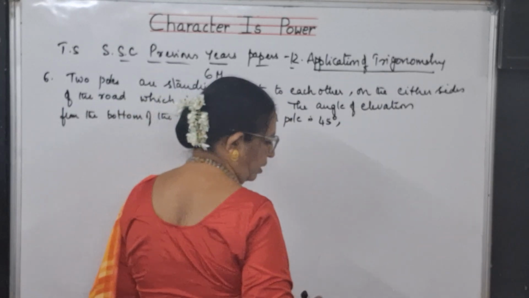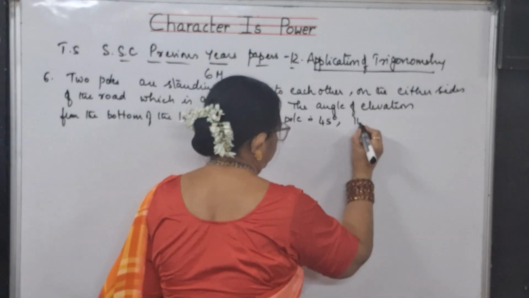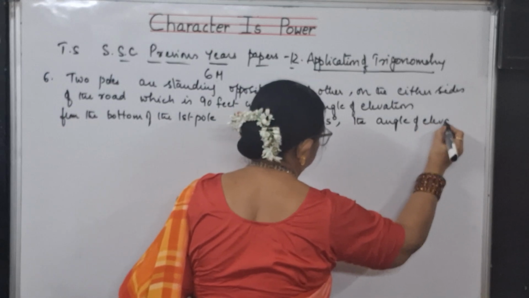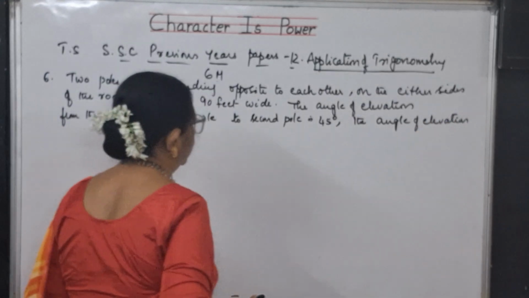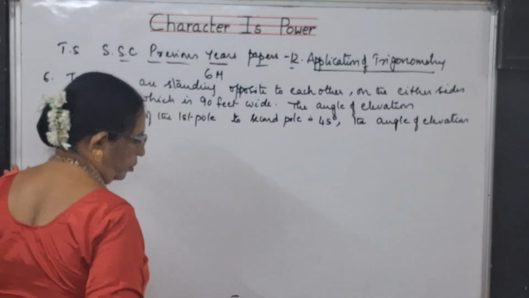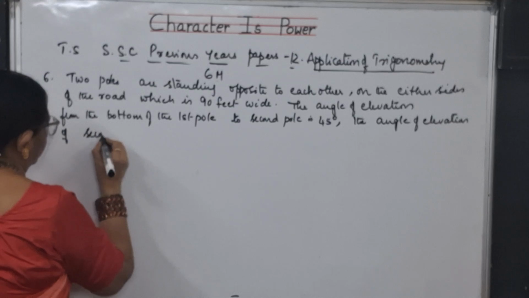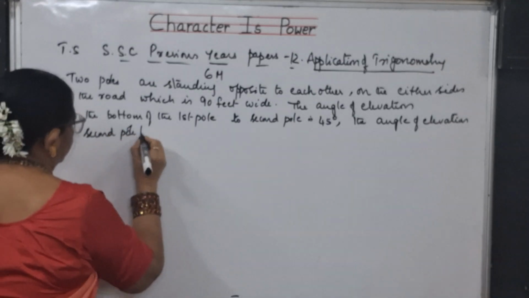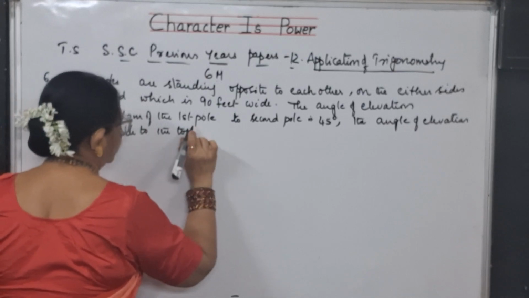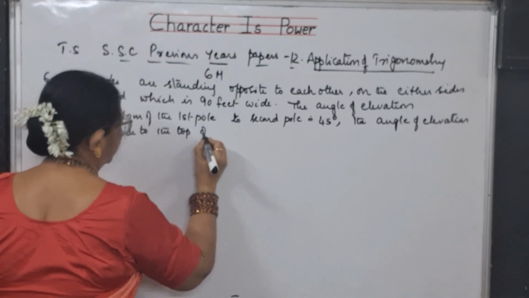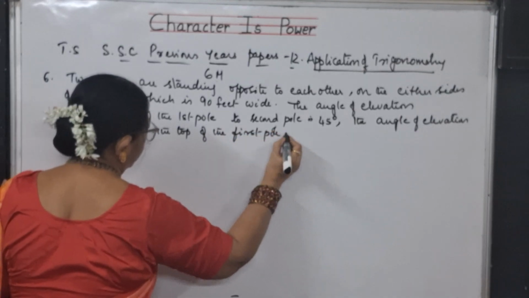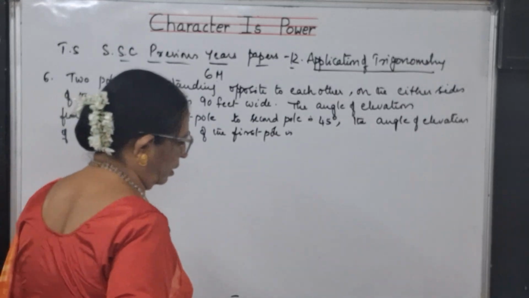The angle of elevation of the second pole to the top of the first pole is 30 degrees.